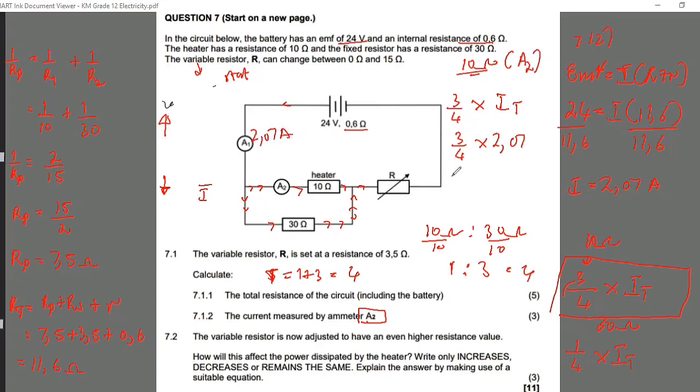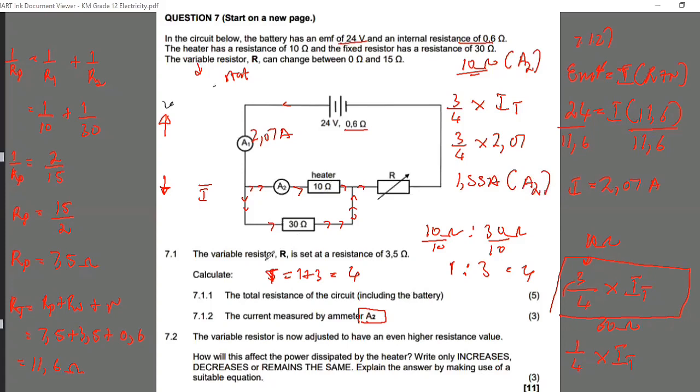So when we do that, we find that the current is actually 1.55 amperes. So this is the reading on A2, right? So hope that makes sense.